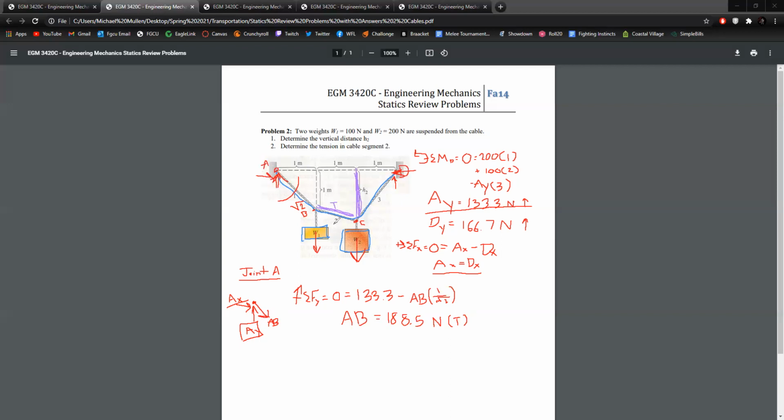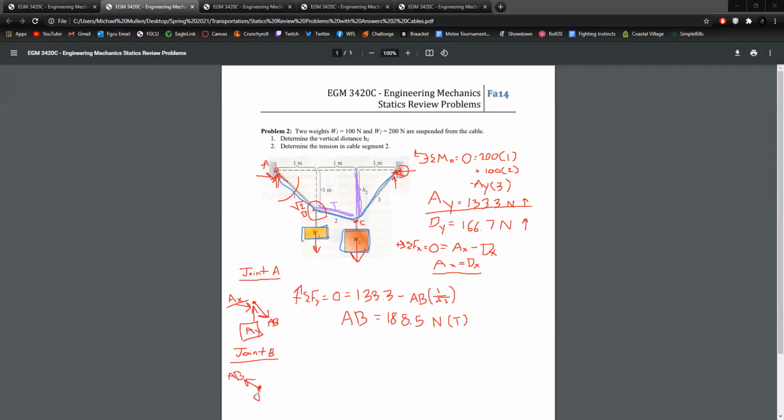We can then move to joint B. We draw the cut. We have AB, which is known.